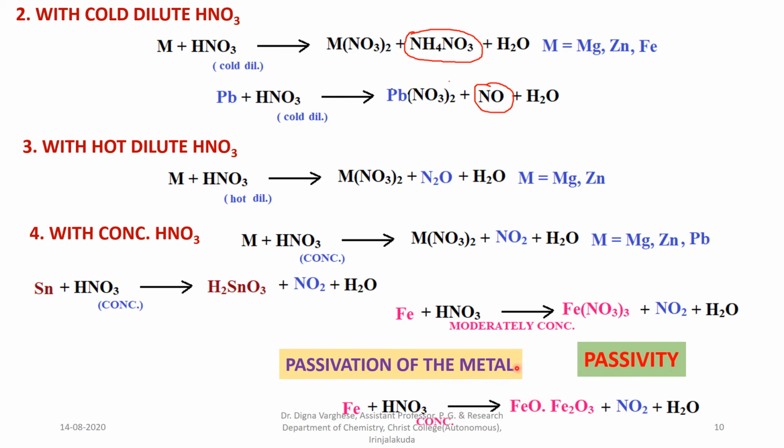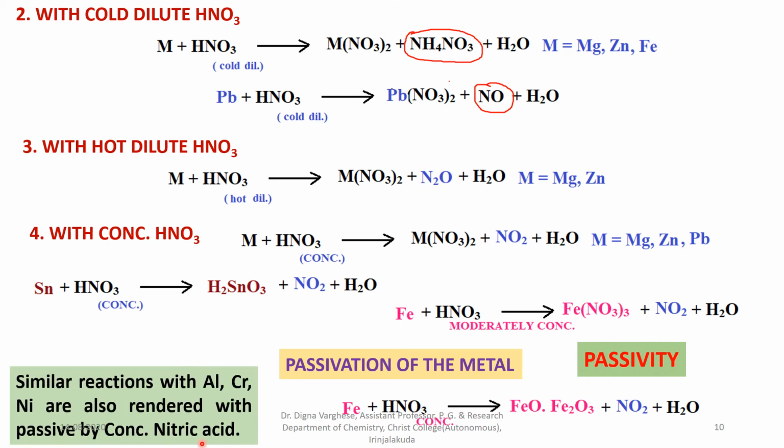That means when iron is treated with concentrated nitric acid, a thin film of ferrosoferric oxide gets deposited on the surface, which prevents further reaction of the metal with this particular acid. When this happens, the metal is said to have become passive. This process is known as passivation of the metal, and the result is called passivity.